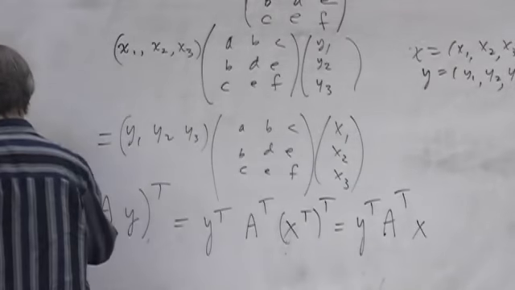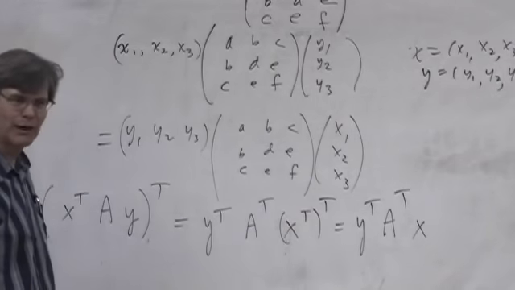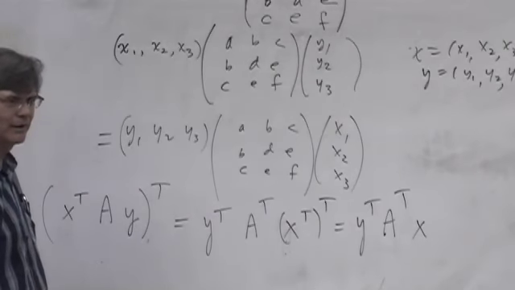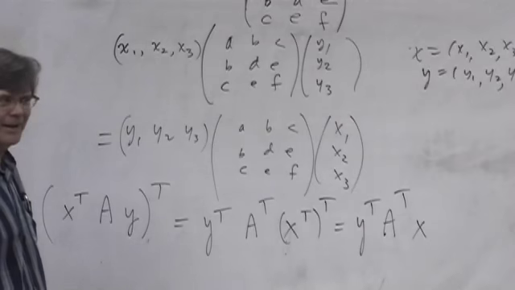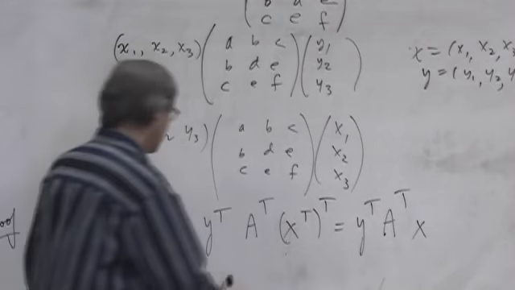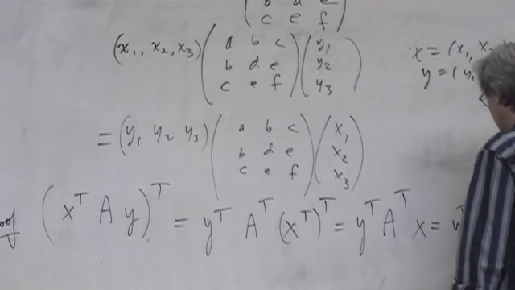But once you know that the transpose of a product is the product of transposes in the reverse order, which is another lemma from way back when, and of course A transpose was equal to A by the way we chose it.